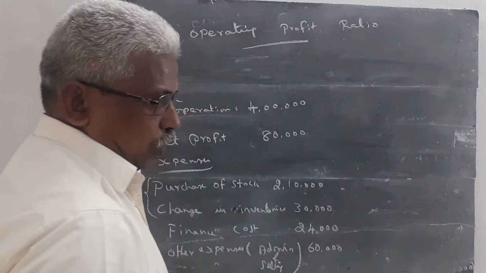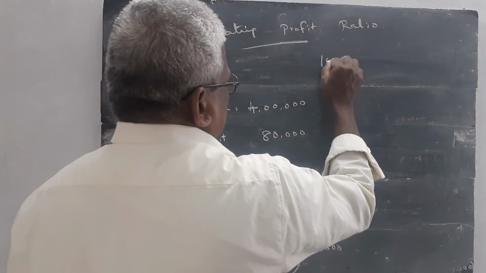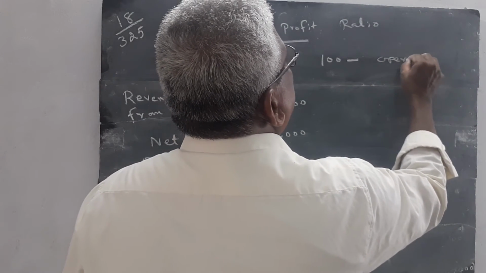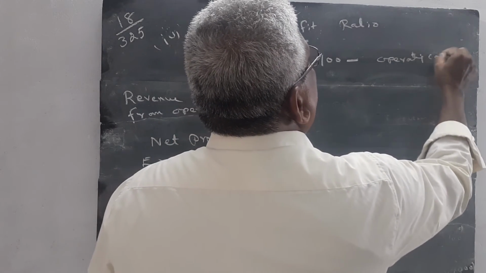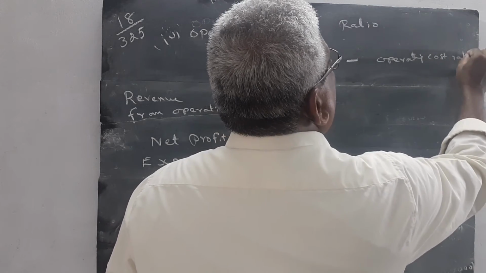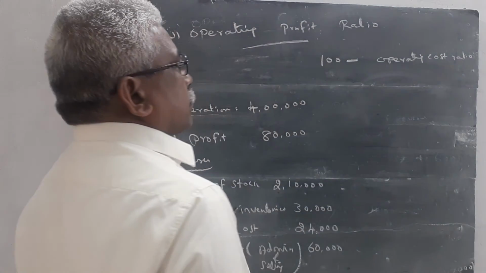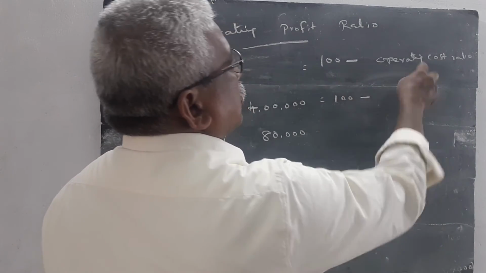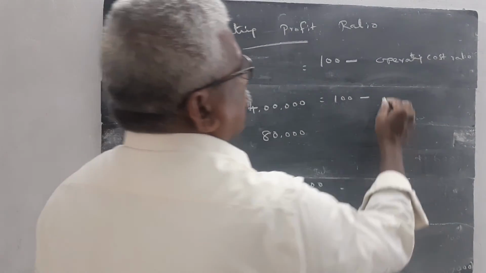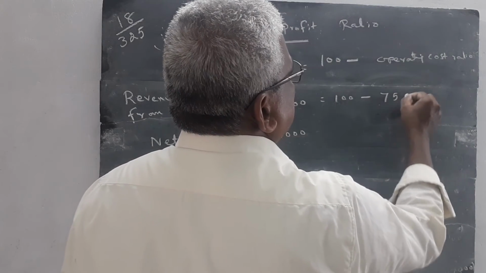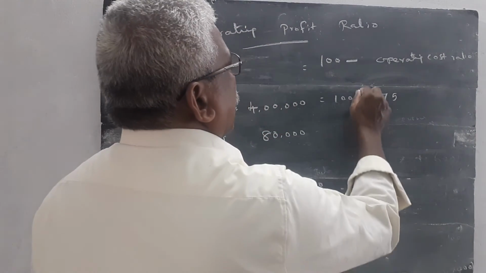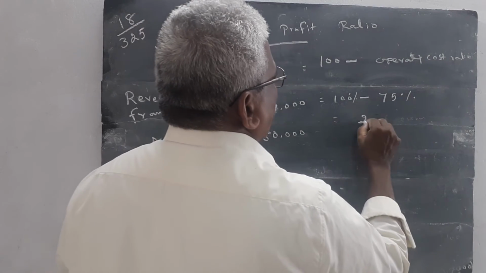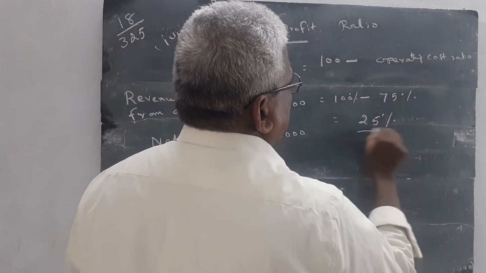Operating profit ratio is equal to 100 minus operating cost ratio. Operating cost ratio is 75%. 100% minus 75% is equal to 25%. This is the answer.